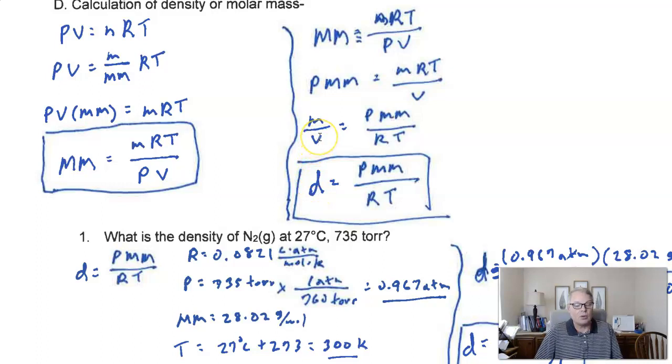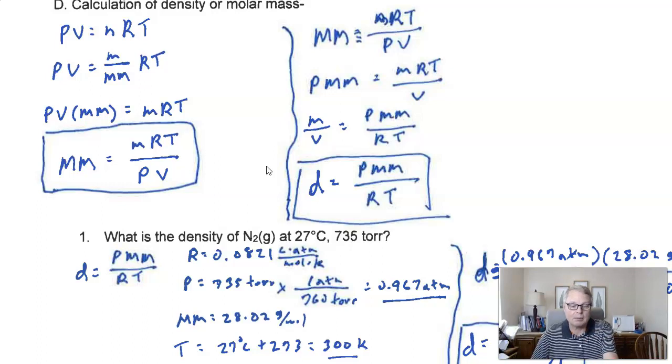And now I've got an equation that tells me the density of the gas. And so that equation looks like this. Density is equal to the pressure of the gas times its molar mass over R times T. And both of these equations are originally derived from the ideal gas law, but you don't have to derive them. If you can just know the boxed result there, then you're going to be fine. Okay?